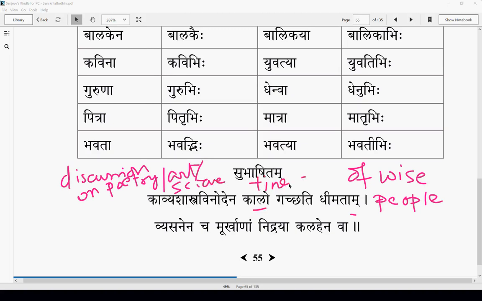Kalaha, time, goes. Now, somebody else, Radhika Bhagini. So these are the words here: discussion on science, poetry, time, goes, of wise people. So what is the total meaning of this sentence? Can you form a sentence in English? So why?